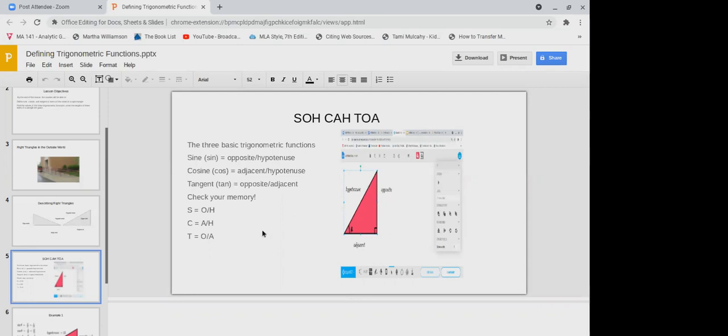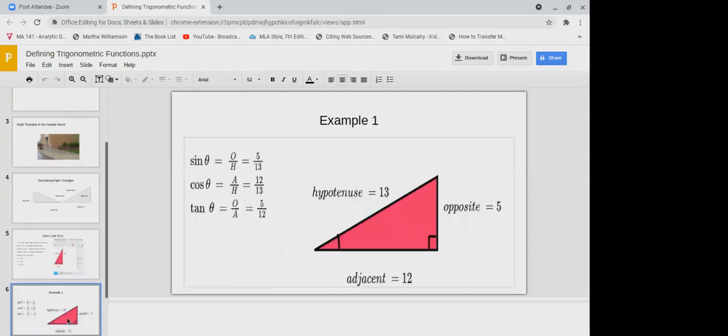Now let's see if we can use that in an example. So let me show you this first example. In this triangle here, I've given you an angle at the left-hand corner at the bottom, the acute angle. The right angle is marked accordingly with a square corner. The side opposite is 13 units, and I have it labeled as the hypotenuse. You might wish to do that as well when you're doing these problems. Find the hypotenuse first, and then label the other two sides.